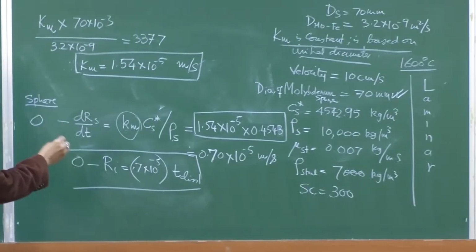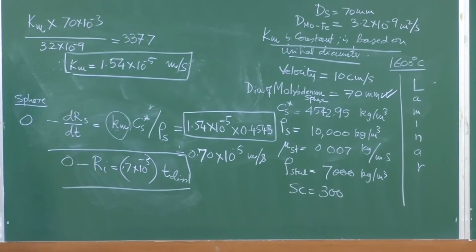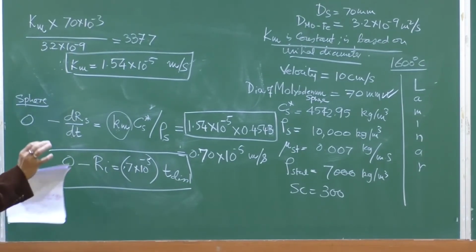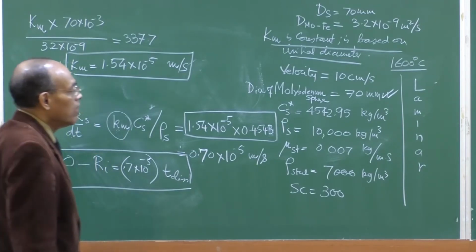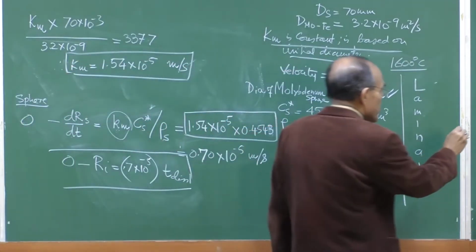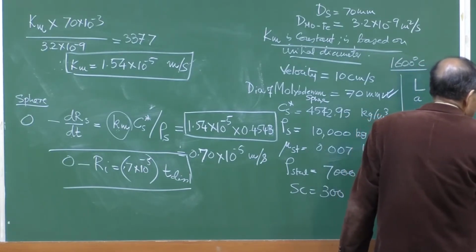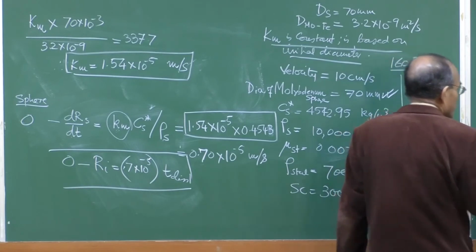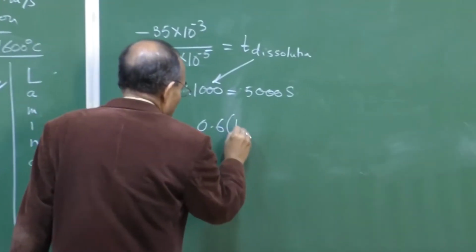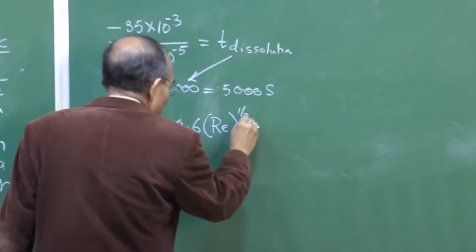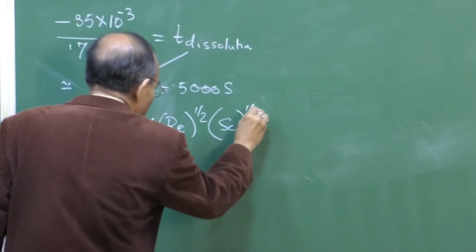I have assumed that the mass transfer coefficient is a function of the initial diameter only, so it is constant basically. This has also indicated that we can approximate the mass transfer coefficient, as 2 is redundant. Therefore, we can say this is Reynolds raised to the power half into Schmidt raised to the power half.